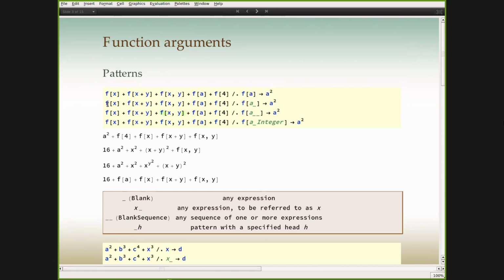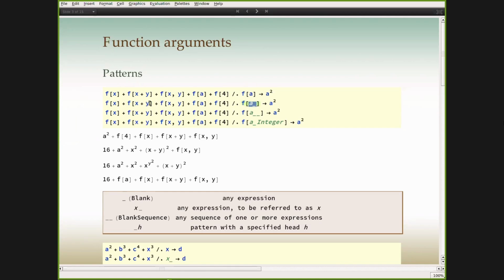Here we have f of x, so x is taken as this local variable a and is squared, so we have obtained x to the power of 2. Then there is the expression x plus y, so this expression was also taken as this pattern which appears here.